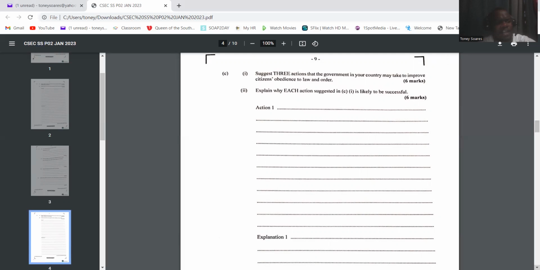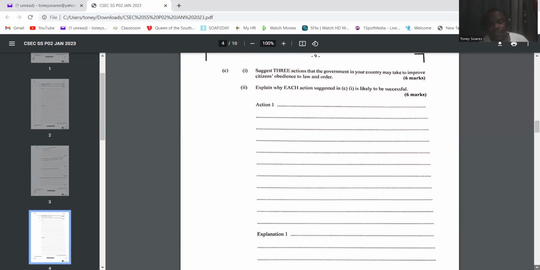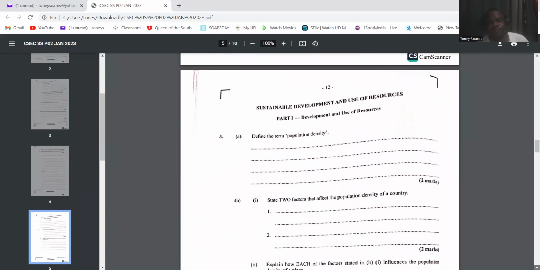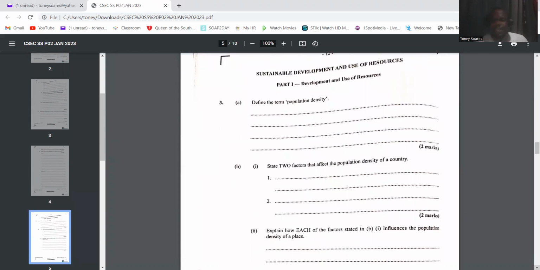If people know that there are no consequences, then they are likely to break the law because they know that they can get away with it. But if they know that they can't get away and they will be prosecuted, then they will think twice before actually breaking a law.